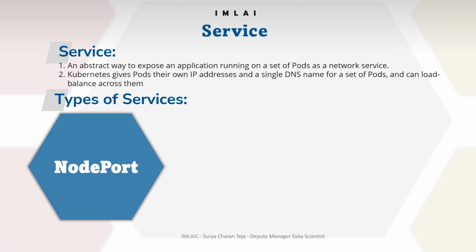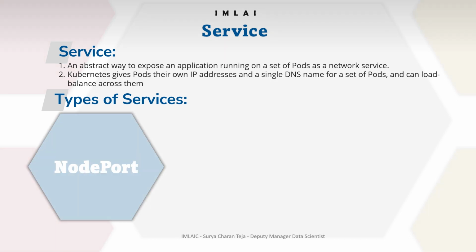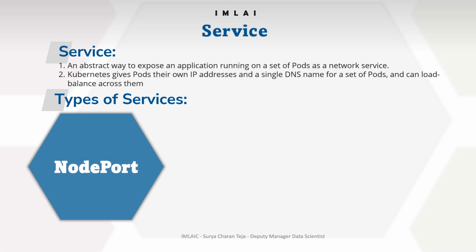So we have seen in Docker, you pick up a host port and you map it with the container port. Yes or no? We have done it 15-20 times during each and every exercise of Docker. Kindly go back to the Docker module and watch it.